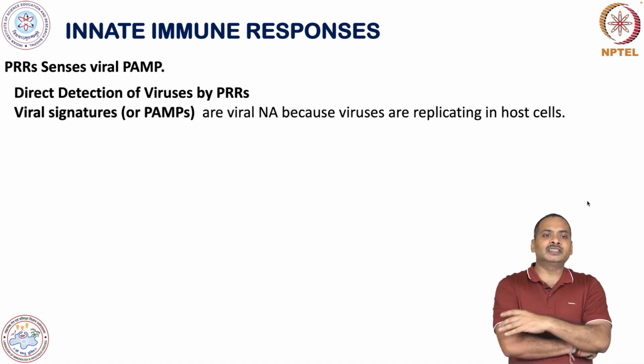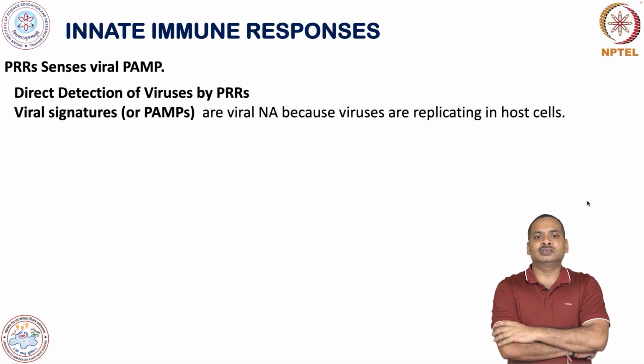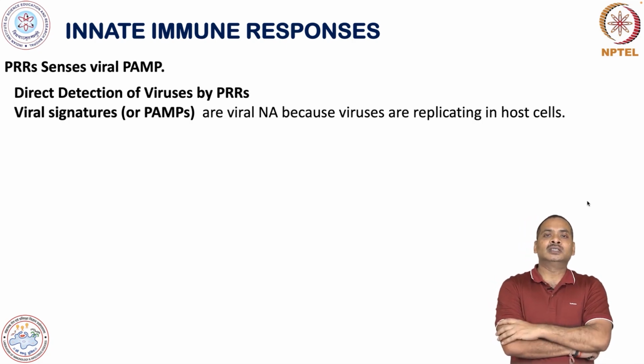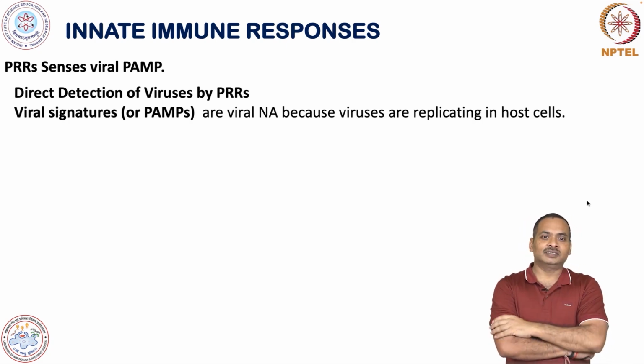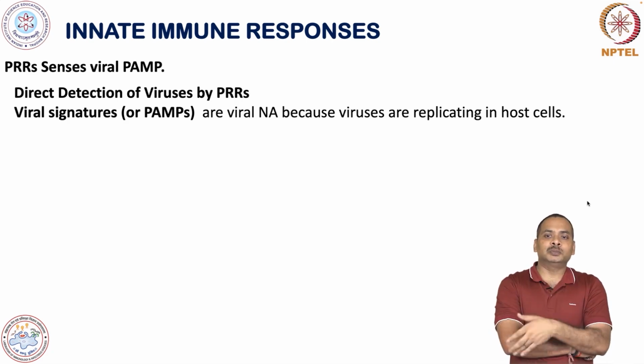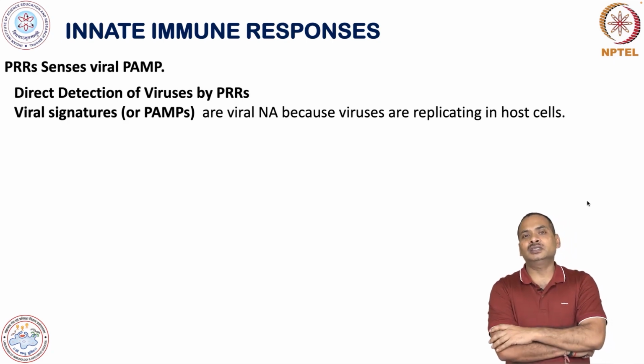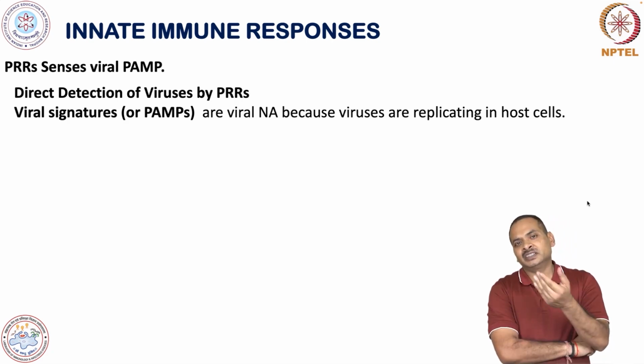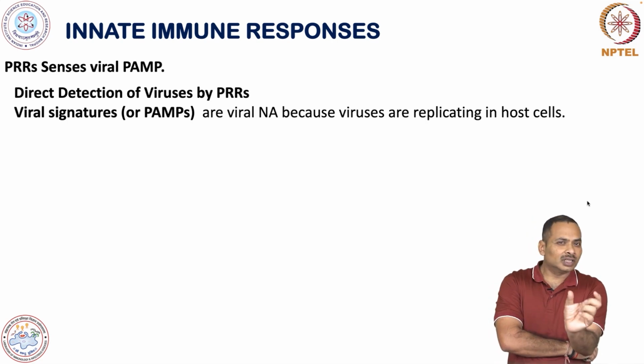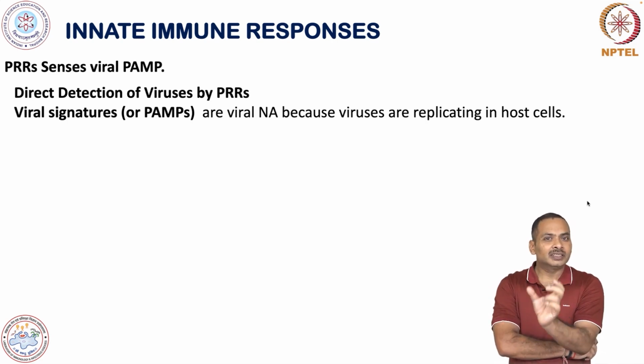So viral signatures: you know that the viral nucleic acid is a key signature of viruses, because viruses replicate in the host cell, and since they are replicating in the host cell, these nucleic acids are present inside the cell.